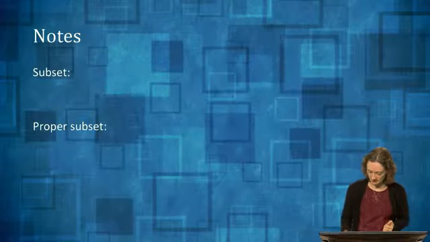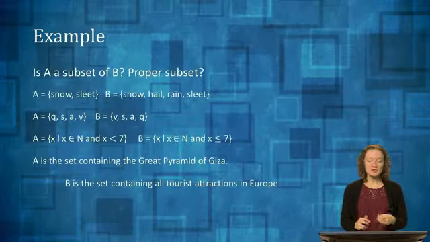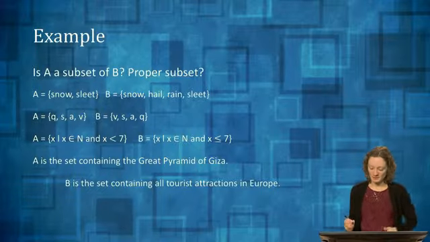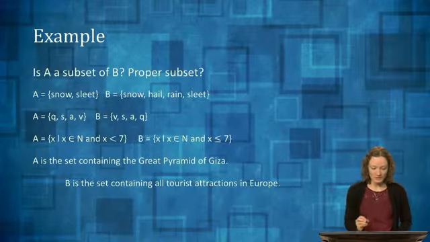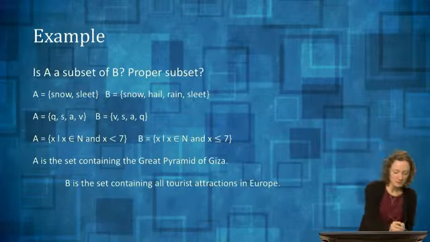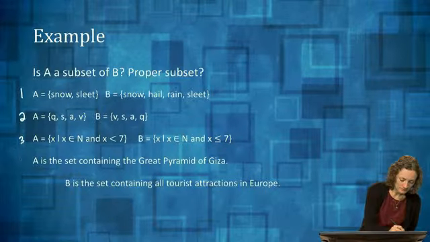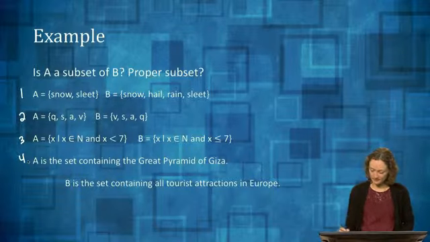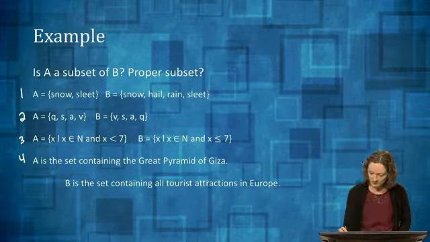All right. So let's look at some examples of deciding if something is a subset or proper subset. Let's start with just subset. We're going to look at, for these 4 examples, if A is a subset of B. Let's do subset in red.